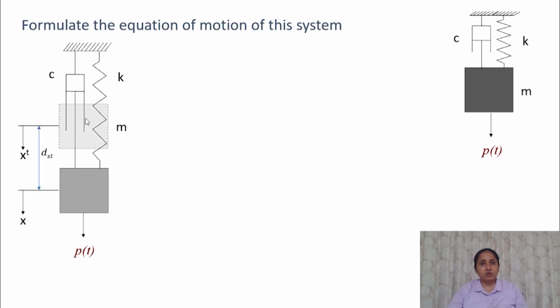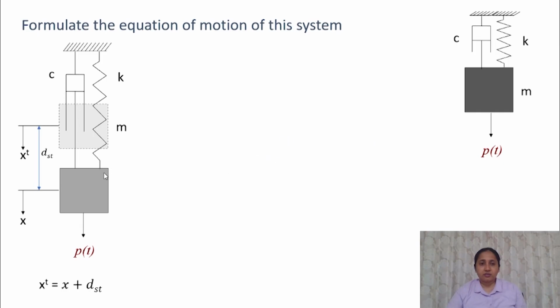The displaced configuration of this system under its own weight is this. dst is the static displacement of this system, and x is the displacement of this mass relative to its static equilibrium position. xt is the total displacement of this mass. So, xt will be equal to x plus dst.